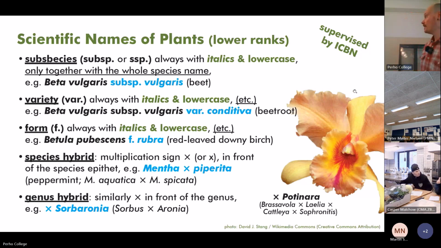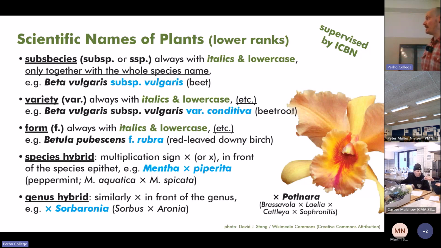And then the same thing with genus. Sometimes even two genera can hybridize together. In animals, it's very rare that species from different genera hybridize, and if they hybridize, the offspring is usually sterile.